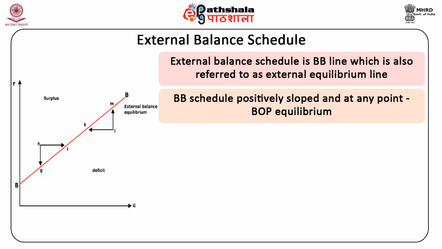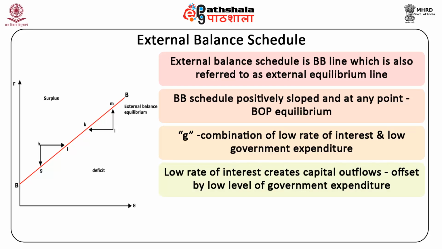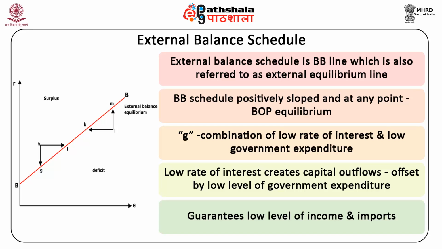At any point such as G on the BB schedule, there is a combination of low rate of interest and low government expenditure. Low rate of interest creates capital outflows, which must be offset by low level of government expenditure, which in turn guarantees low level of income and imports.